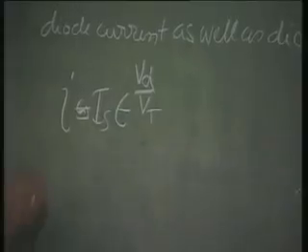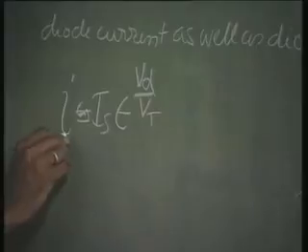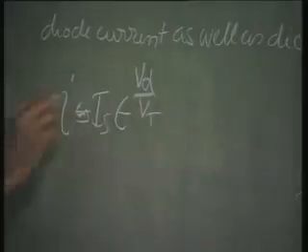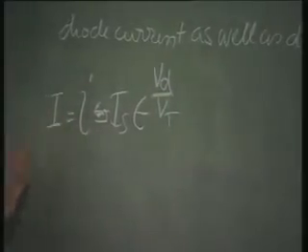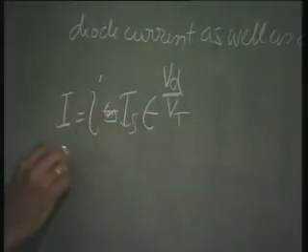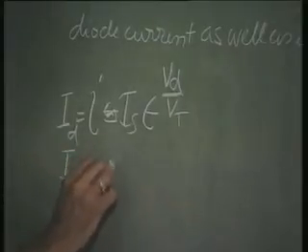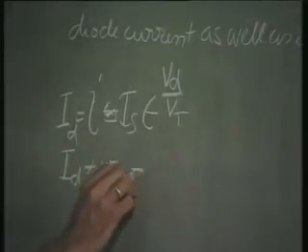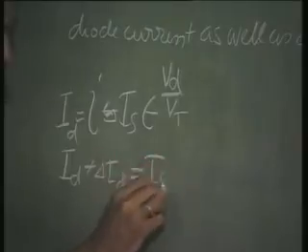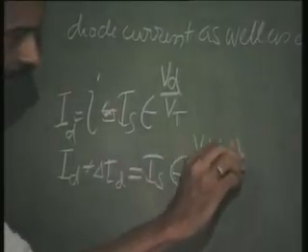So we can say that this I is equal to the original I that we have evaluated. When it changes to I diode plus delta I diode, this remains the same as Is exponent V diode plus delta V diode.